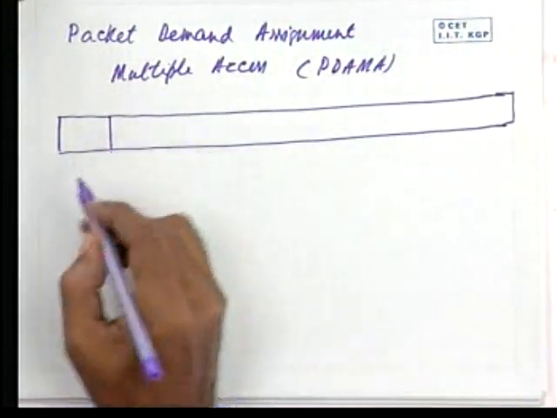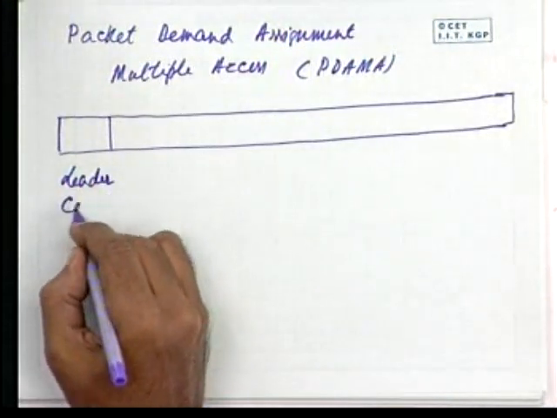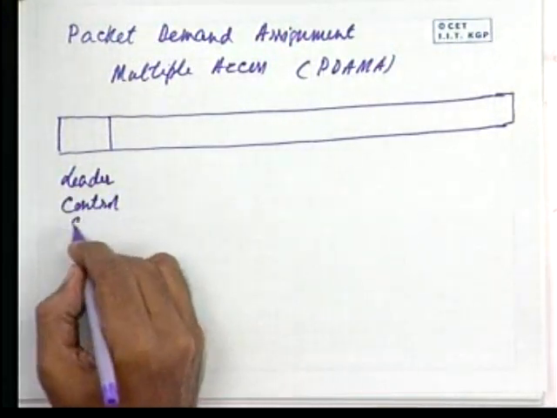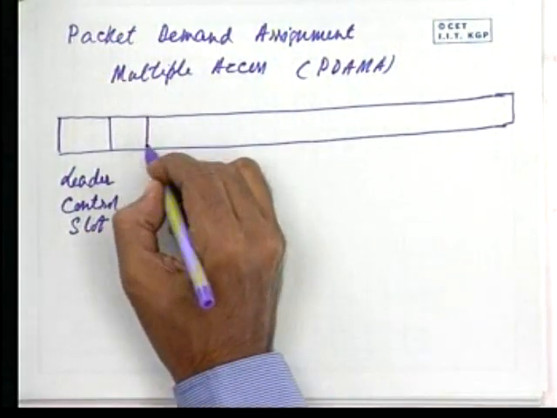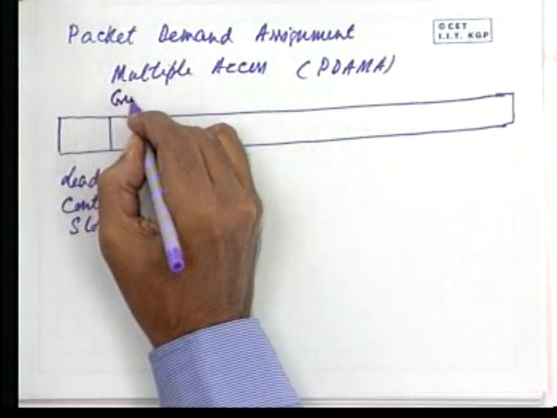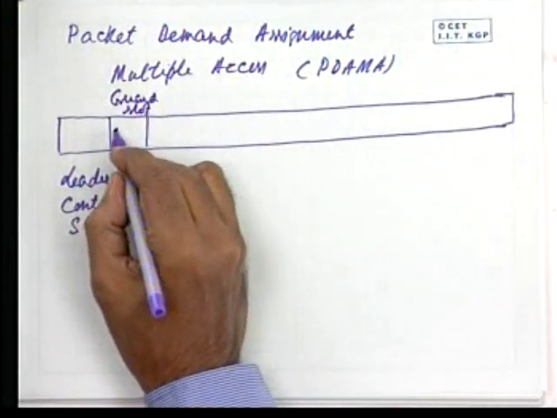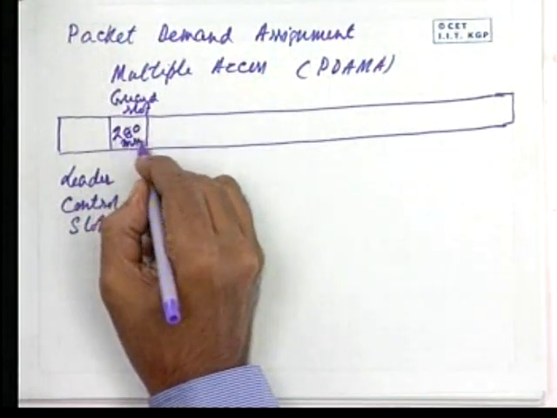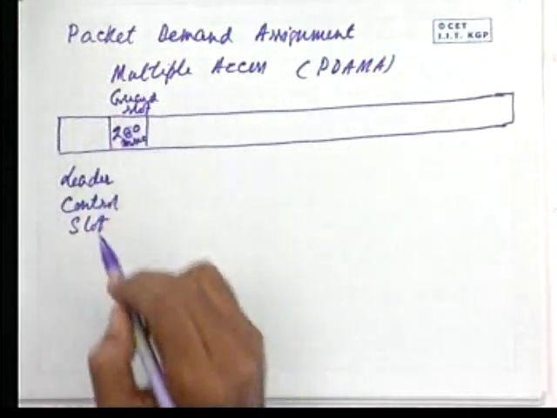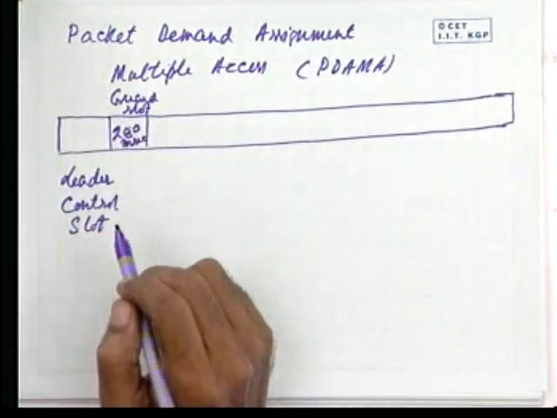There is a leader control slot, and after that there is a guard slot of 280 millisecond. This guard slot is used by different stations for the purpose of ranging and evaluation.